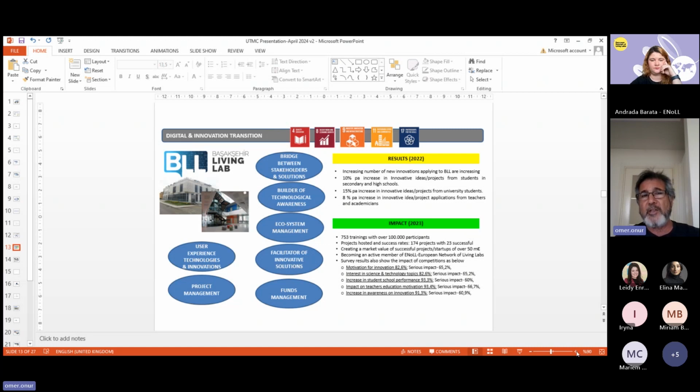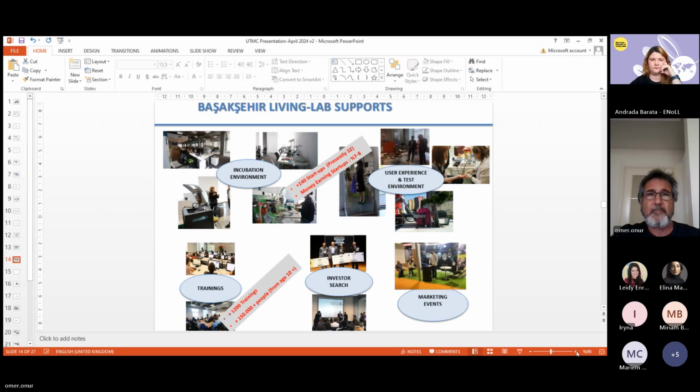We have, of course, the infrastructure responsible for all the IT infrastructure, and we have a facility manager, who maintains the facility. So we are a core. The other parties involved in our solutions are almost all people from the stakeholders and from the municipality itself.